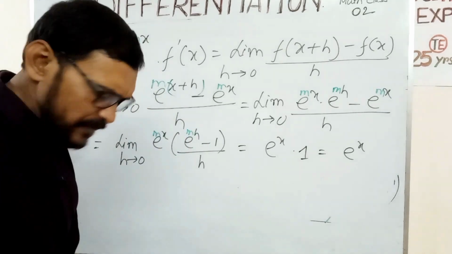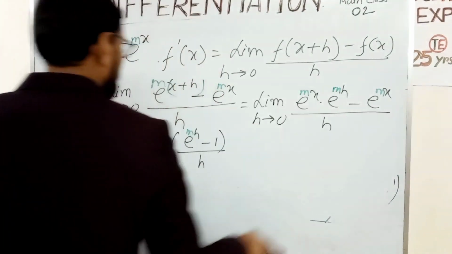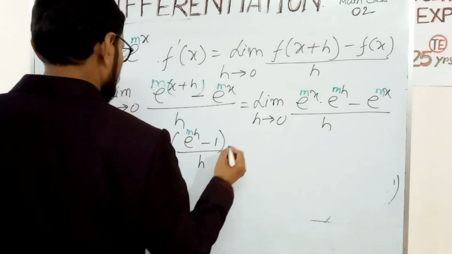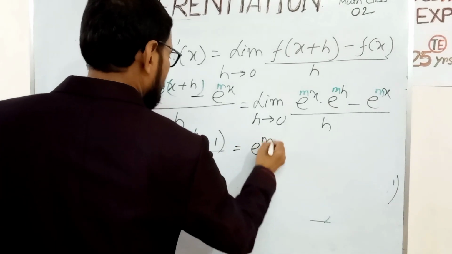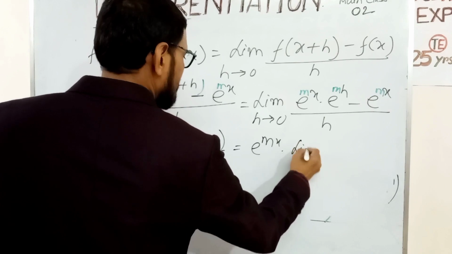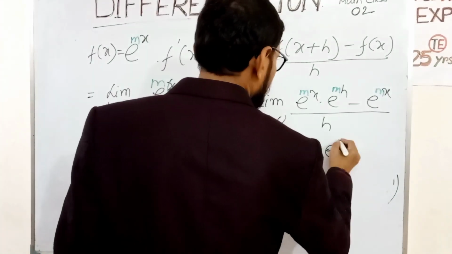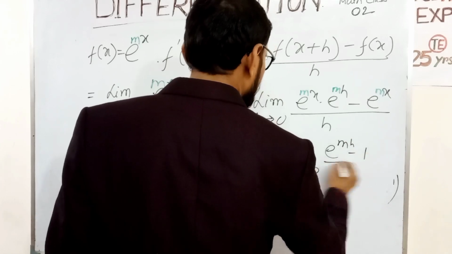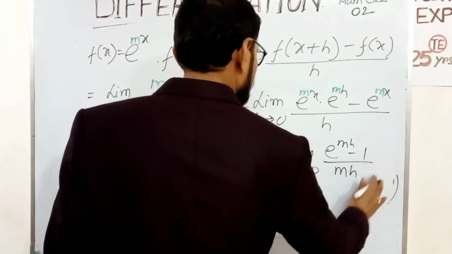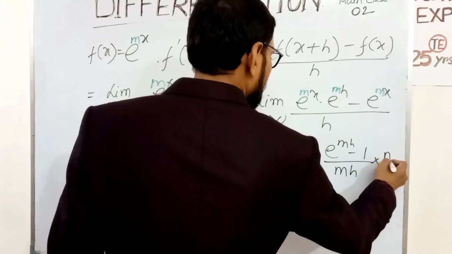Now this value becomes e to the power mx into limit h tends to 0 of e to the power mh minus 1 by mh, multiplied by m.